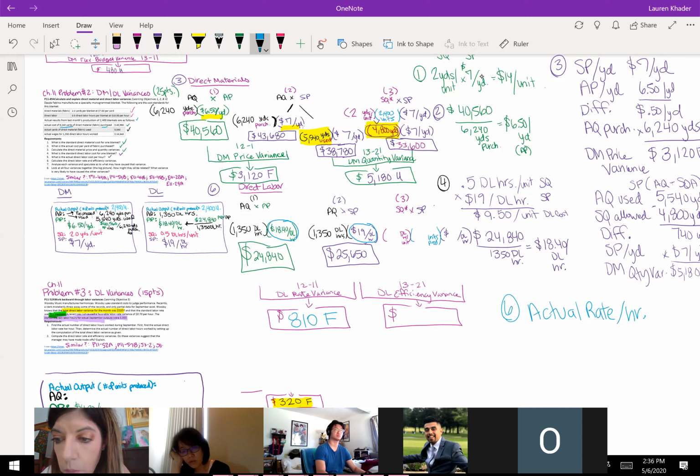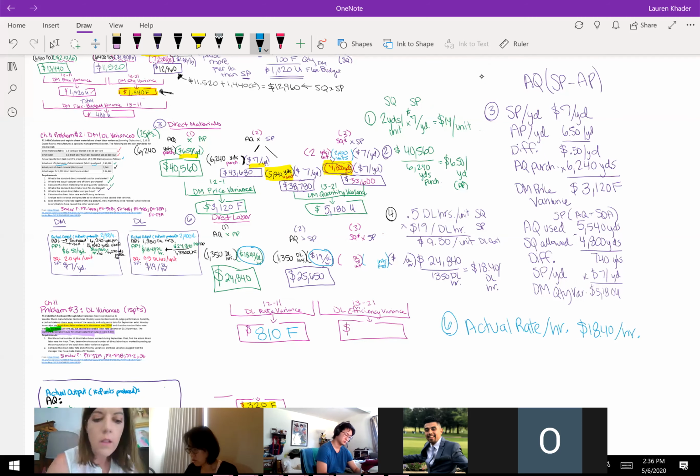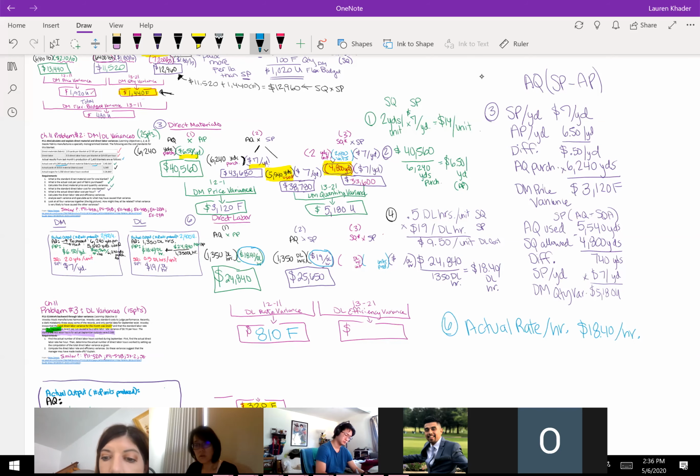So actual rate per hour is $18.40 per hour. And then you're comparing that to the standard rate, how much you should have paid per hour, which is $19 per hour. To get the difference, which is 60 cents per hour.